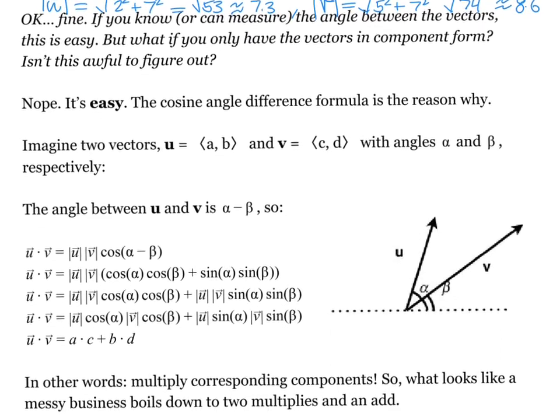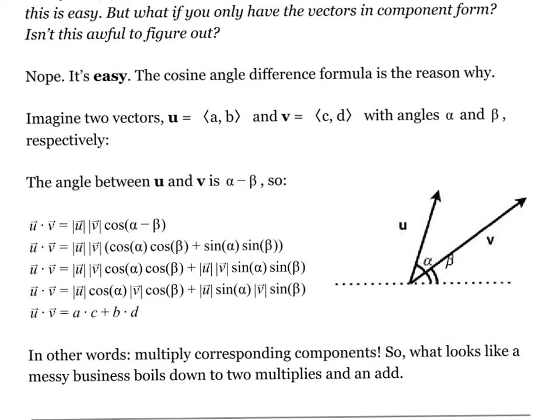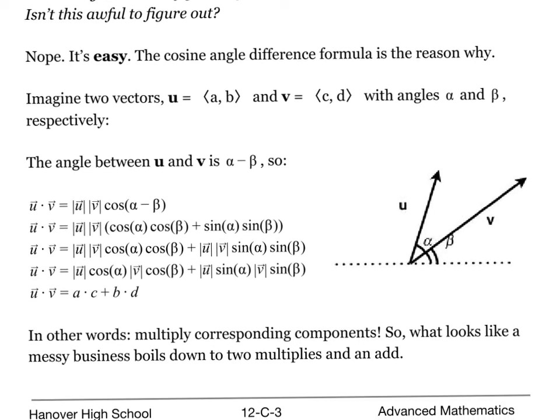So the bottom of this page is a piece of math that I'm not expecting you to memorize or regurgitate or show me later on. I'm trying to show here another way of calculating the dot product based on the angle difference for cosine.